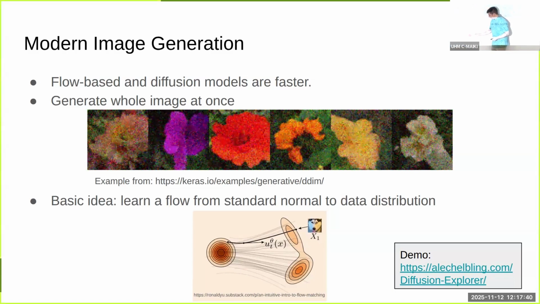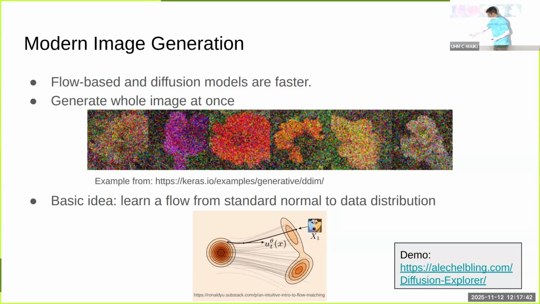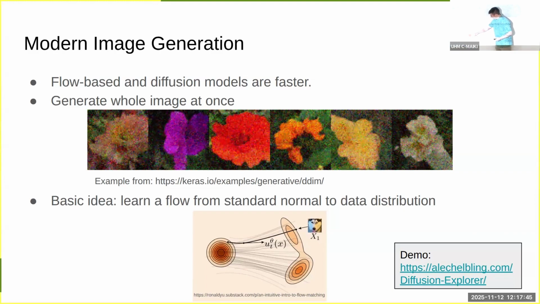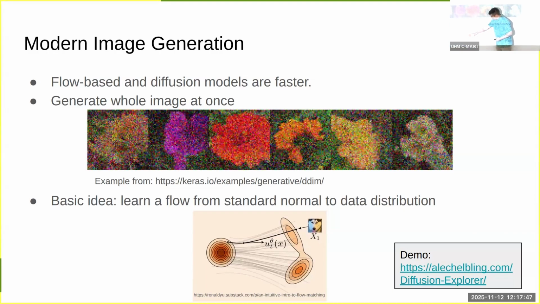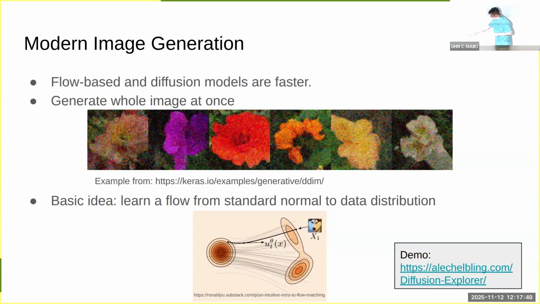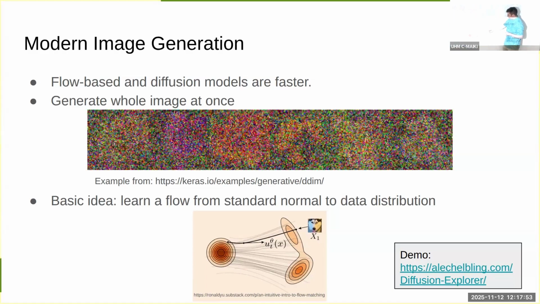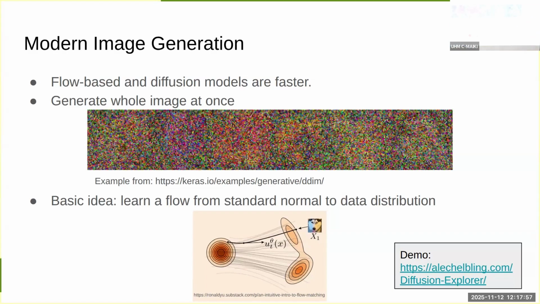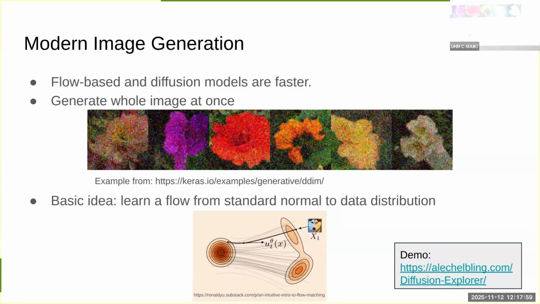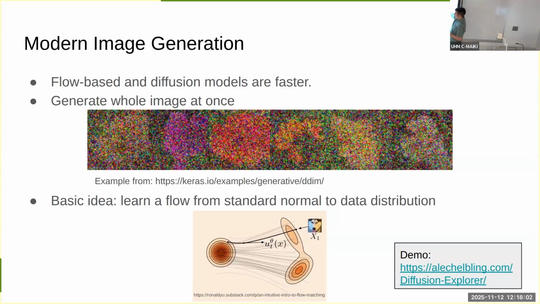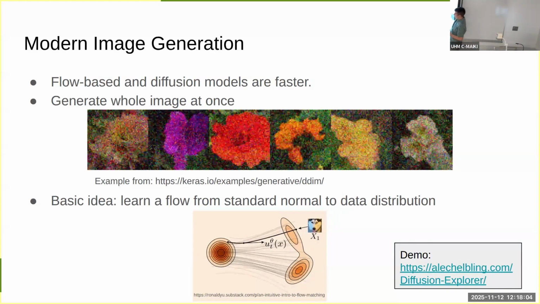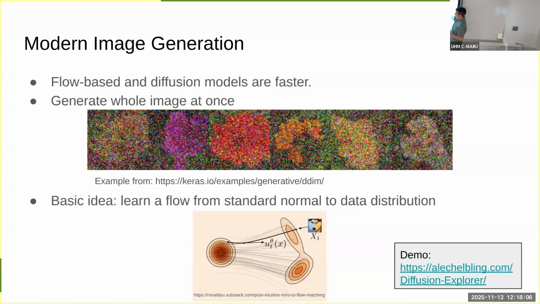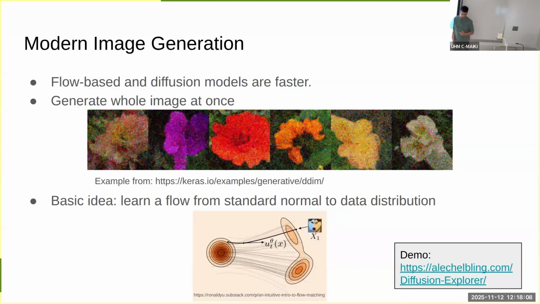You know how to sample from this distribution, and then you have a neural network that defines some mapping, called a flow, from any sample in this normal distribution to a point in this more complicated image space distribution. And you do that in multiple steps. What it looks like is you sample this blurry colored image, which is a sample from a Gaussian, and then you take many, many steps to reach the image.